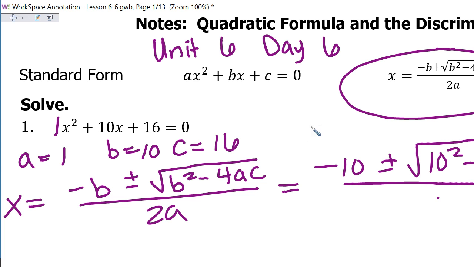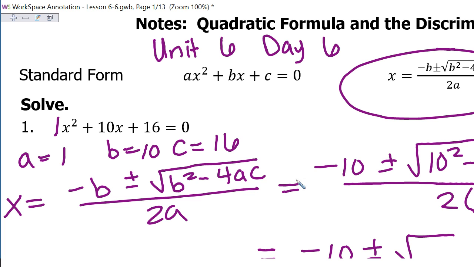That means 2 times A, and what do I put for A? 1. Now we need to do some simplifying. So when you do your simplifying, I want you to have your negative 10, your plus or minus, and when you simplify, I want just one answer under your radical. And in the denominator, I just want one number. So go ahead and simplify the denominator. What's 2 times 1? 2.